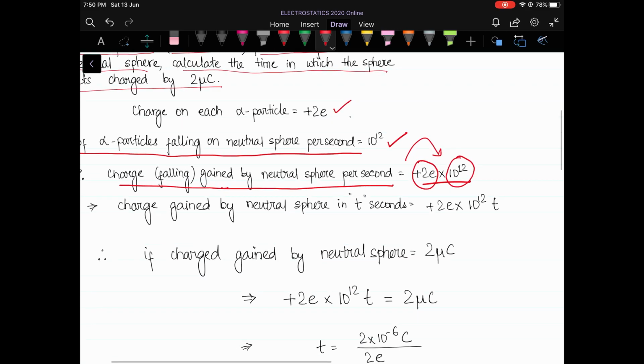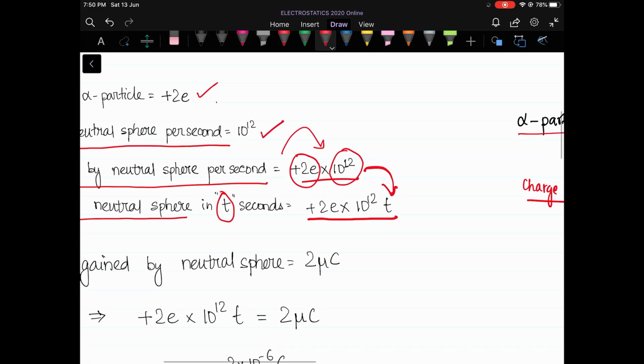If we are to write the amount of charge gained by the neutral sphere in t seconds, we must simply multiply this formula by t, because this was the charge gained by the neutral sphere per second. If it is for 2 seconds, we multiply this by 2. If it is for 3 seconds, we multiply it by 3, because every second, more and more alpha particles are falling.